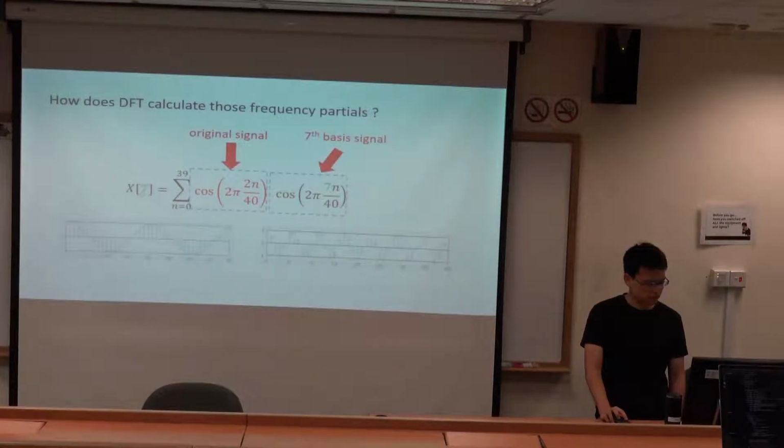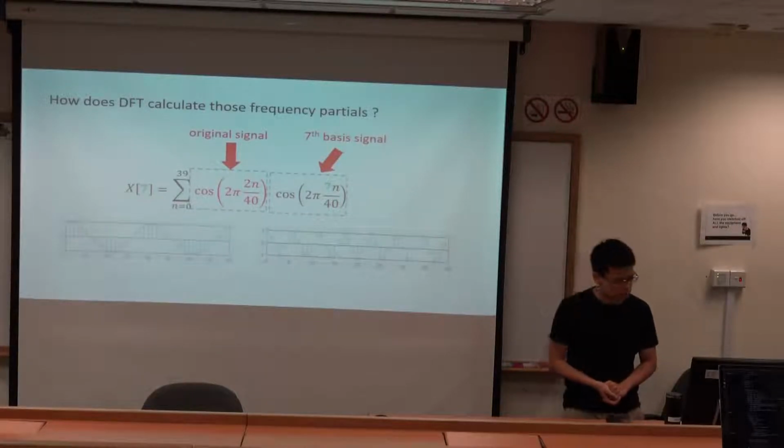So capital X of 7 is the comparison result of the original signal with the signal which has 7 periods in 40 samples. Okay, let's calculate this and see what happens.